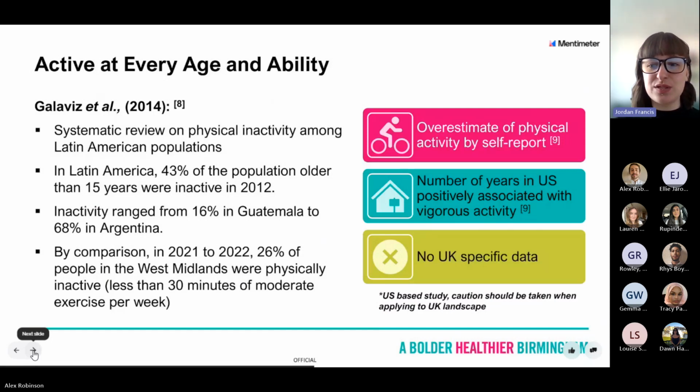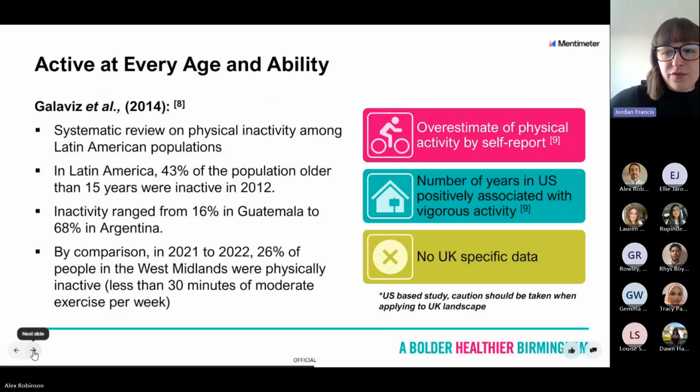Physical inactivity was defined as anyone doing less than 30 minutes of moderate intensity physical activity on at least 5 days every week. Moderate intensity exercise is anything that raises the heart rate, so a brisk walk or a cycle would be classified as moderate physical activity.